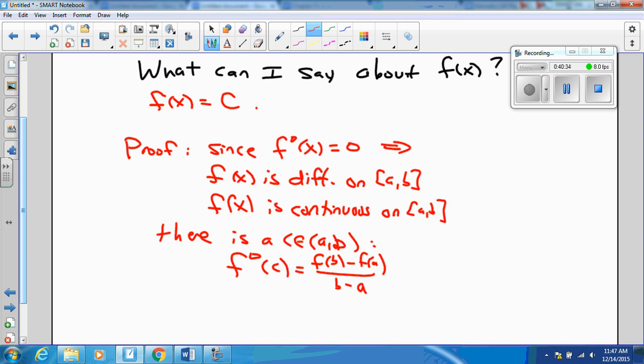Right? Now, here's the thing. F prime of C is equal to 0. How do I know that? Because f prime of x is equal to 0 at every point. So that gives me already that this fraction is equal to 0.